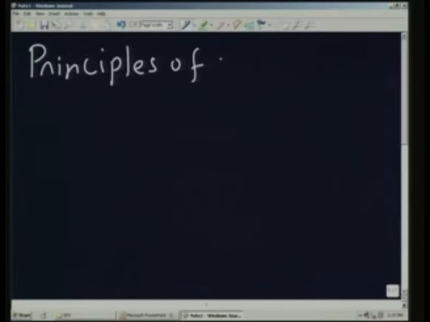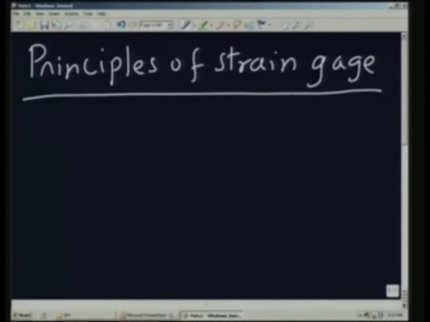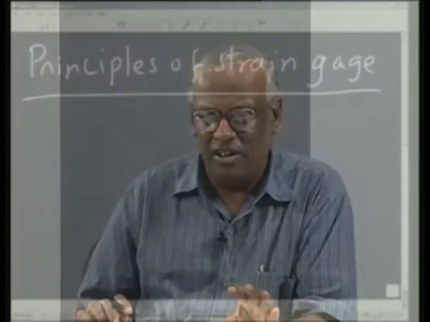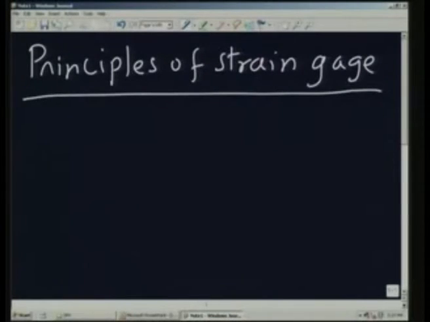So, what I will do is I will look at the principles of strain gauge, and then look at the different properties which go into determining the performance of strain gauge as a strain measuring instrument. Then what are the different materials which can be used, what are the gauge factors which we are going to have in these cases, and then how the measurement is made by using suitable electronic circuitry. This is the basic idea of this lecture.